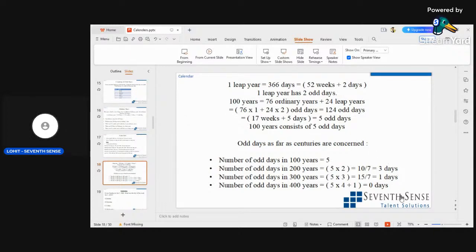Voice is not audible. Guys, is my voice audible correctly? Because I'm seeing the PPT, I can't observe the chat box. Right now I saw that Nayana has typed that the voice is not audible. Is it audible properly?